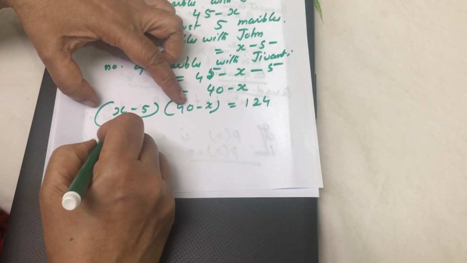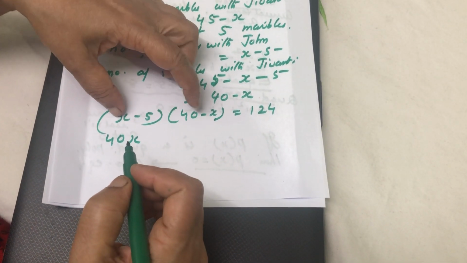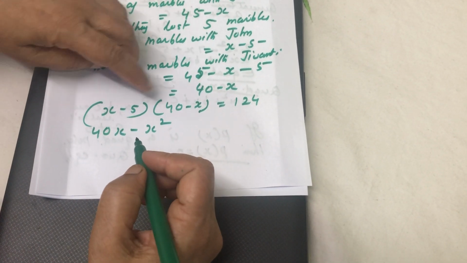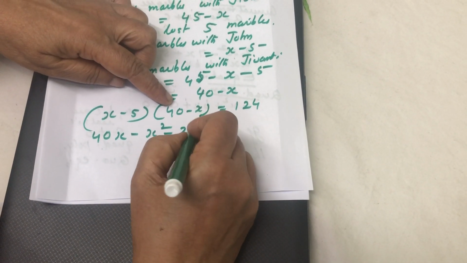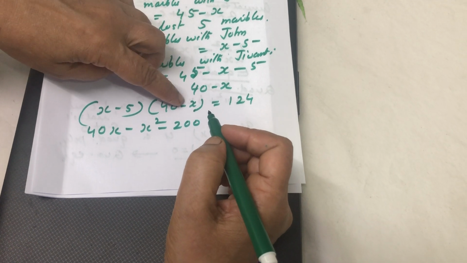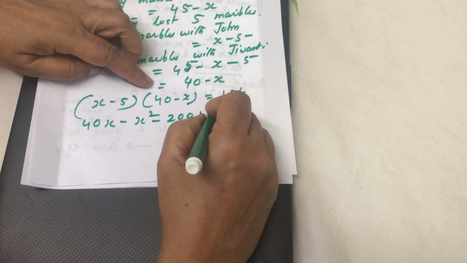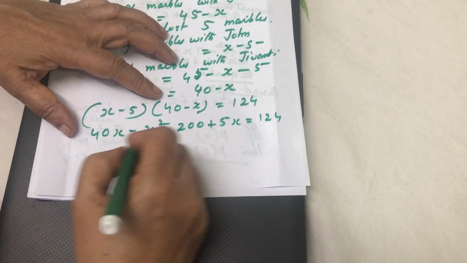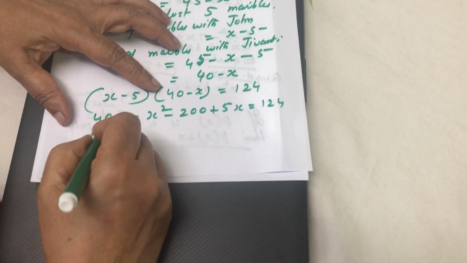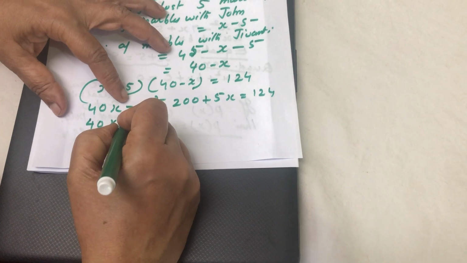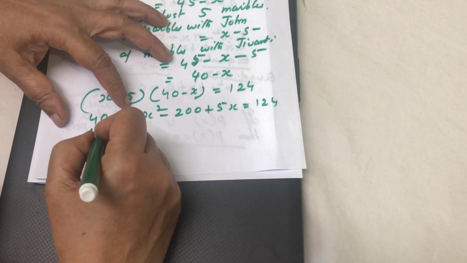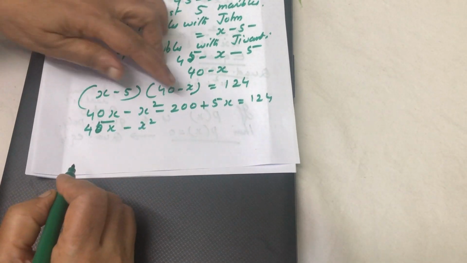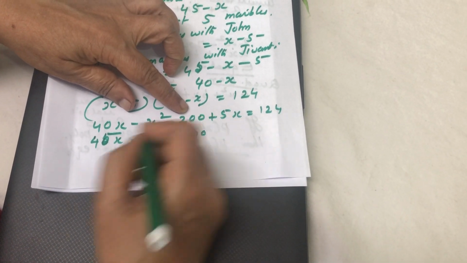X into 40 is 40x. X into minus x is minus x squared. Minus 5 into 40 is minus 200. Minus 5 into minus x is plus 5x, equal to 124. 40x plus 5x is 45x, minus x squared, minus 200.